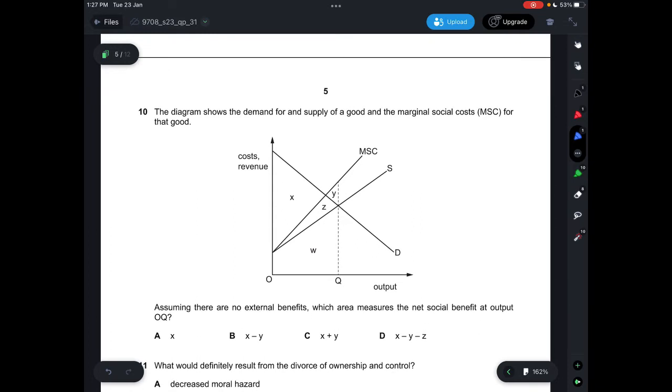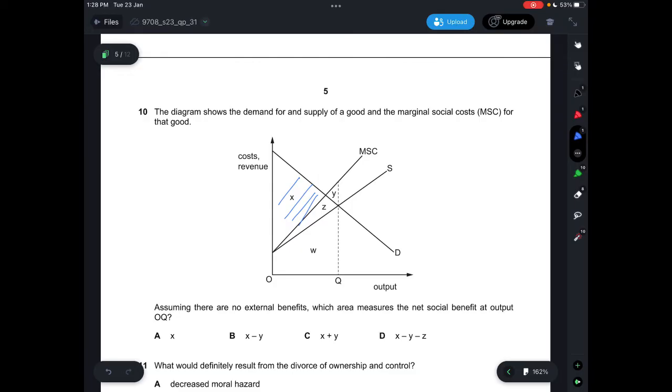Question 10, the diagram shows the demand for and supply of a good and the marginal social cost for that good. Assuming there are no external benefits, which area measures the net social benefit at output Q? Okay, so you can see here that for the entirety of X, the marginal social cost and the marginal social benefit, your X here would then have to be the total benefit.